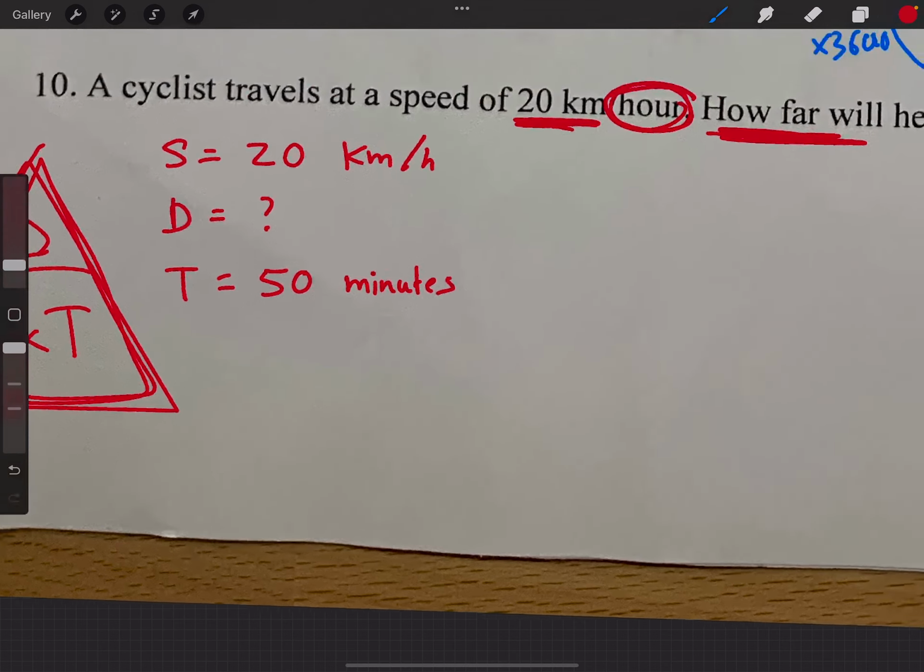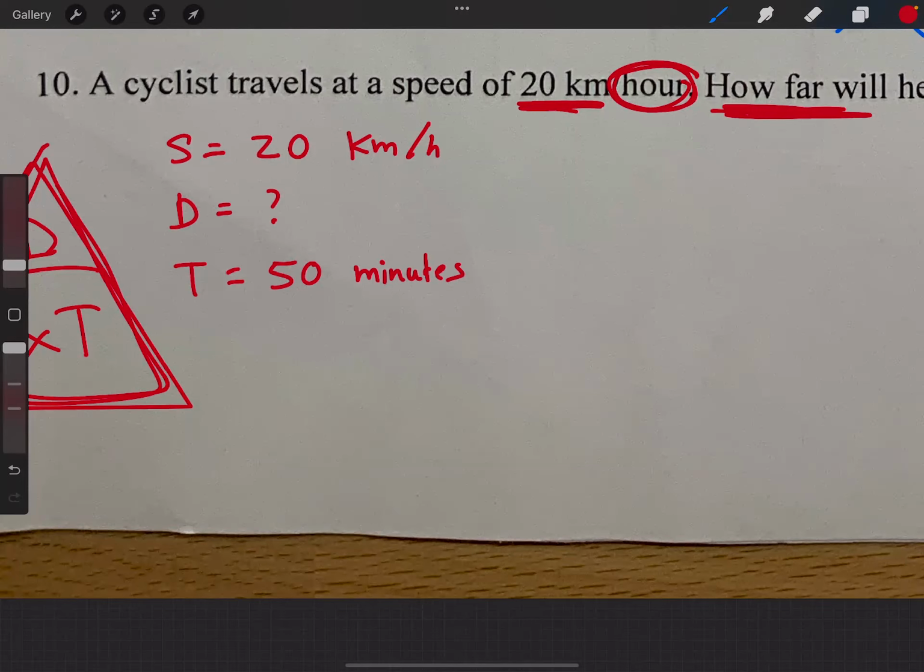That means this is in hours and this is in minutes, so I have to change one to the other. I can change it all into hours, or I can change it all into minutes. In this case, I'm going to change it all into hours. This is already in hours. Let's change this one into hours. To change it into hours, we just divide it by 60 minutes.